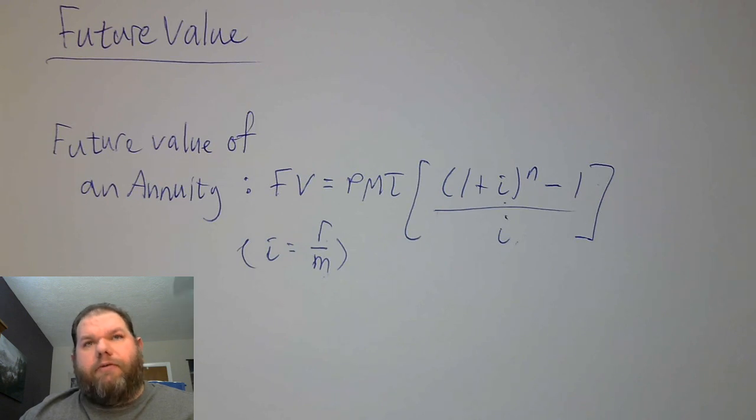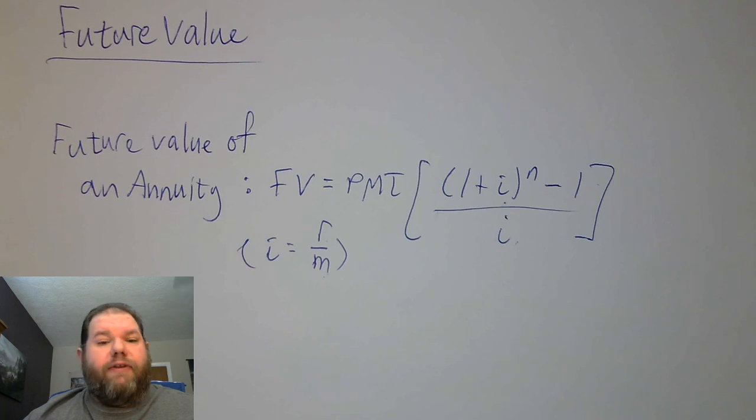Future value is used for investments, like when we're trying to save money for retirement, for instance. It's a future value. Whereas if we're trying to borrow money, then that usually is a present value problem. That's one way to think of it.